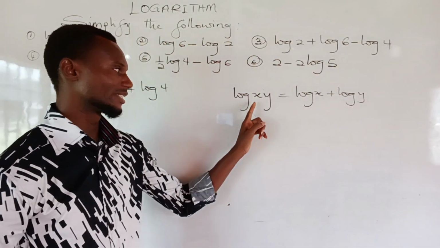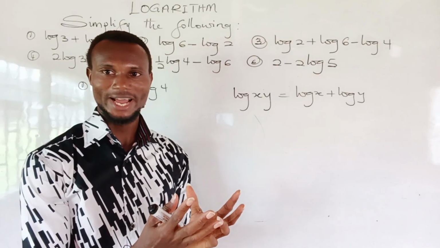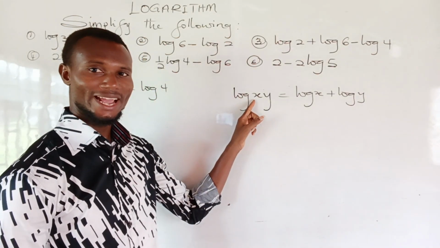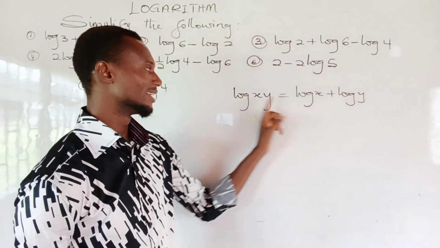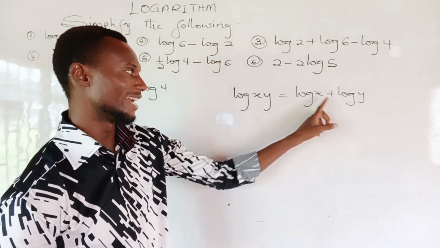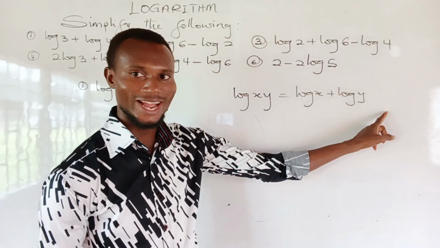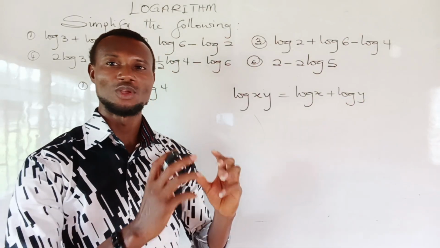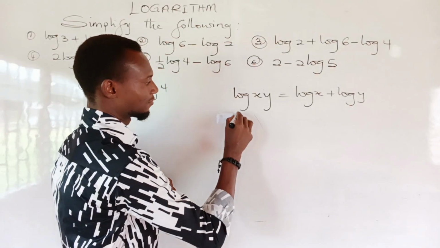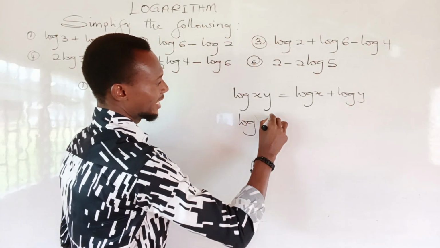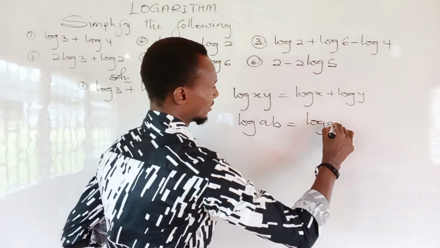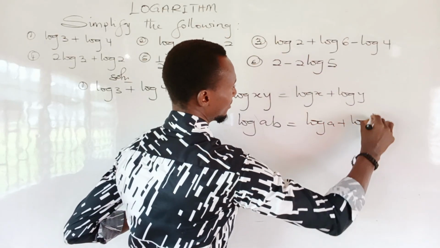Because s and y are multiplying, which is a product, the log will affect the s, so that is log s, and the same log will affect the y also. So you bring your addition sign, then you write your log y as well, and that is the product rule that we learned. So if I have log ab, it can be written as log a plus log b.